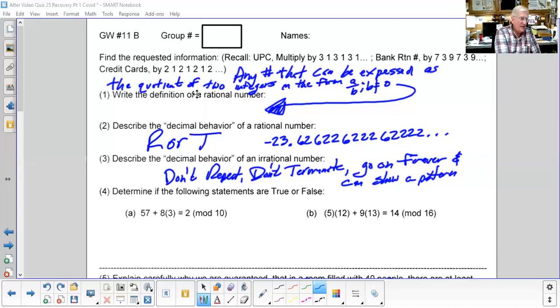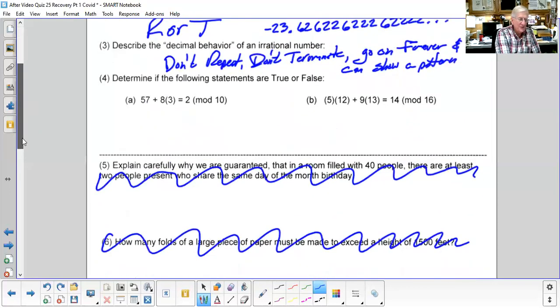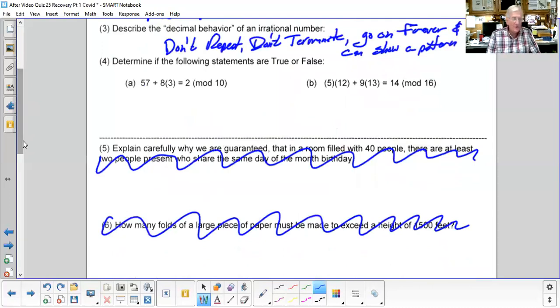All right, let's take a couple seconds and practice finding out whether these statements are true or false. Is 57 plus 8 times 3 the same thing as 2 mod 10? Well, 57 mod 10 is just 7. 8 times 3 is 24, right? 24 converted to a mod 10 number is just 4.